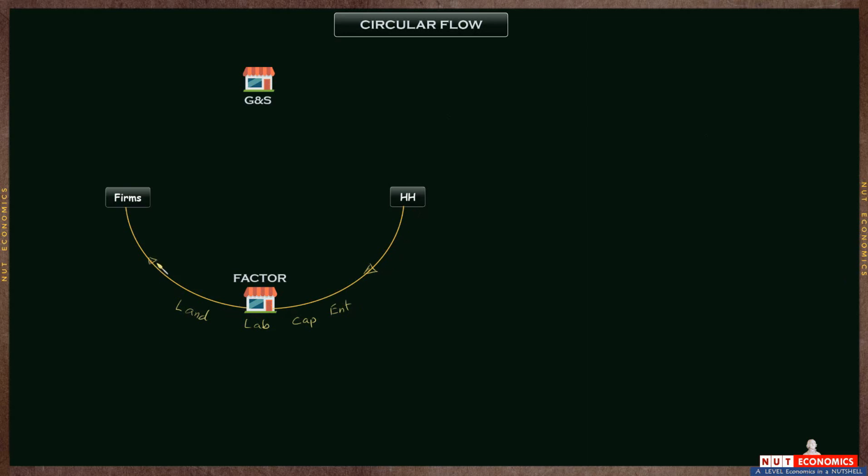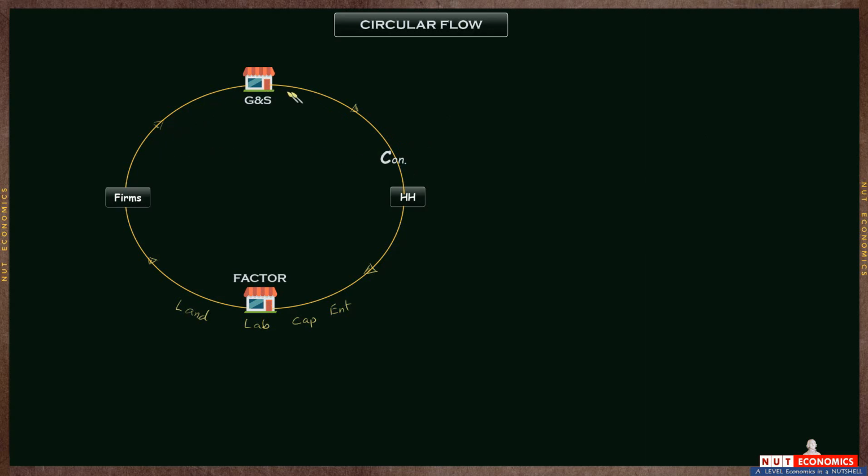Now, obviously, the firms are buying these resources because they want to make goods and services. So once they have made these goods and services, they bring them to these goods and services markets, where most of the total output of the country is bought by the households. And remember, we said whenever households buy part of the country's total output, that is known as consumption.